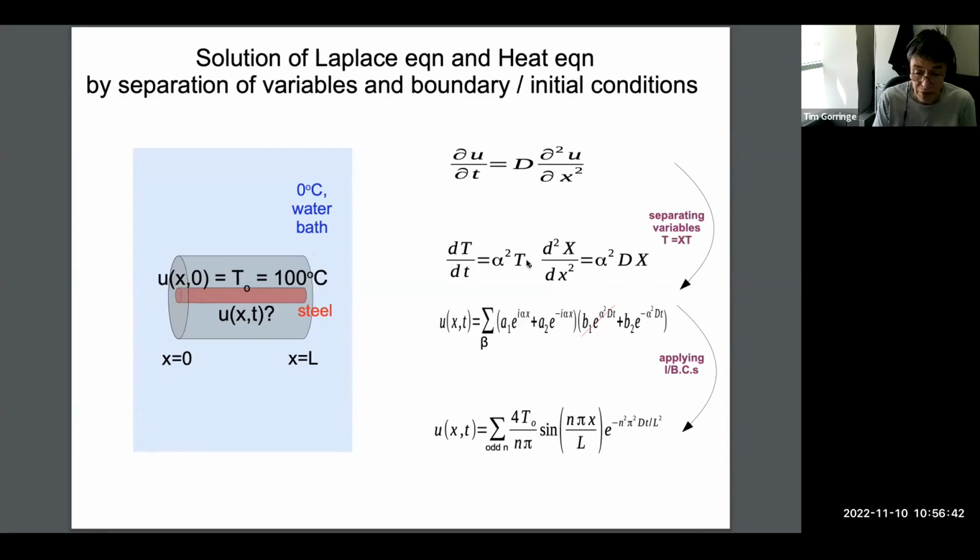When I do that procedure, I introduce a constant, a separation constant. And for convenience, I've given that constant the symbol alpha squared. So here's the separation constant alpha squared in the time differential equation. Here's the constant alpha squared in the space equation.